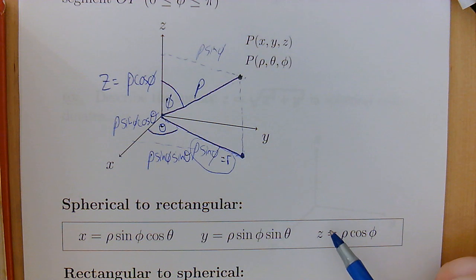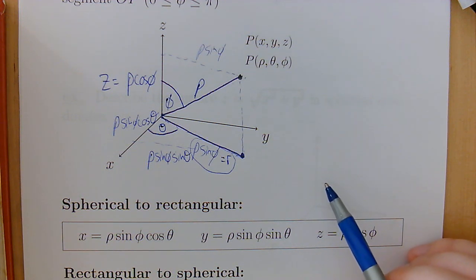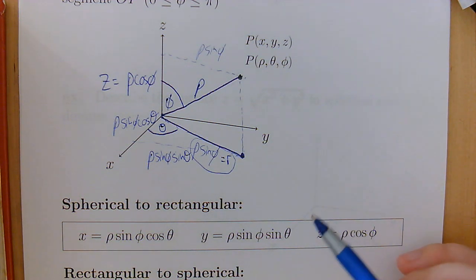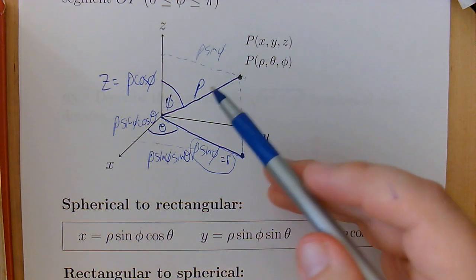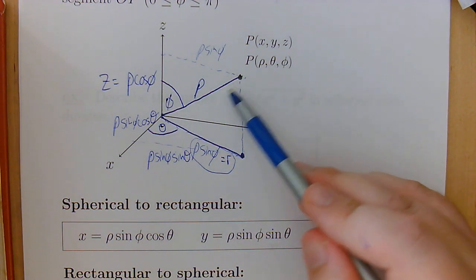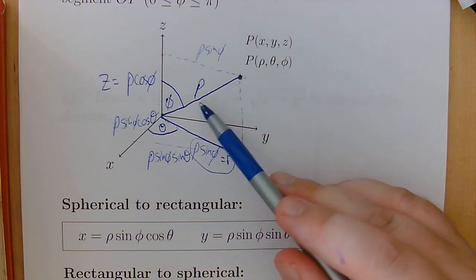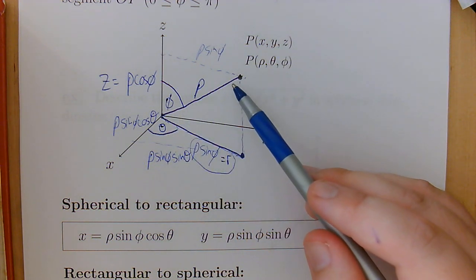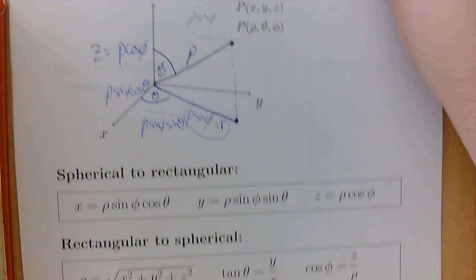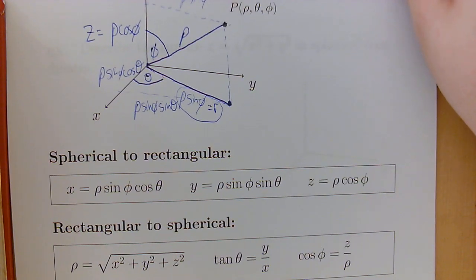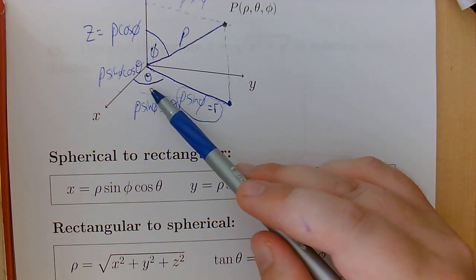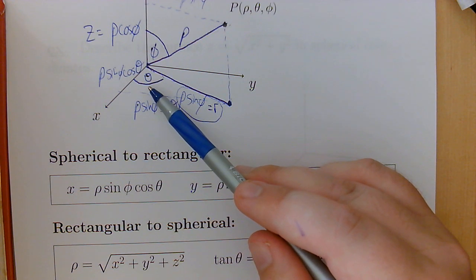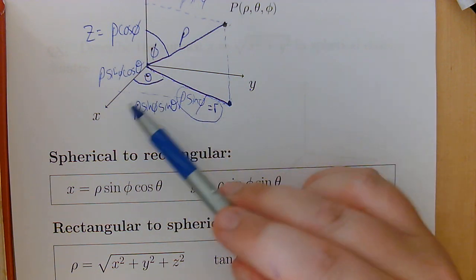And that's how we get our x, y, and z. Now suppose we want to go the other way. Suppose we have rectangular coordinates and we wish to convert them into spherical coordinates. How would we do so? Well, we can use the Pythagorean theorem to get rho. So rho is the square root of x squared plus y squared plus z squared, using the three-dimensional Pythagorean theorem. For theta, remember tangent of theta is y over x.